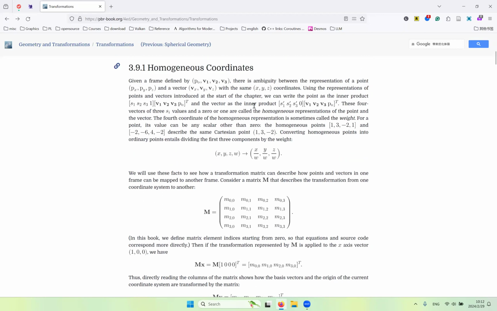So from this perspective, a vector really can be seen as an infinitely far away point, because when W is 0, dividing by W gives something infinitely large.